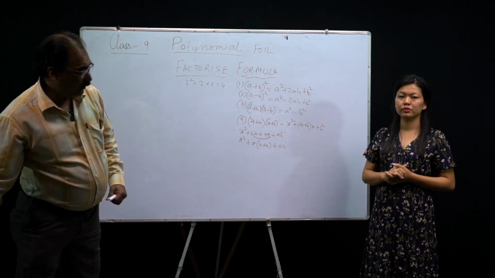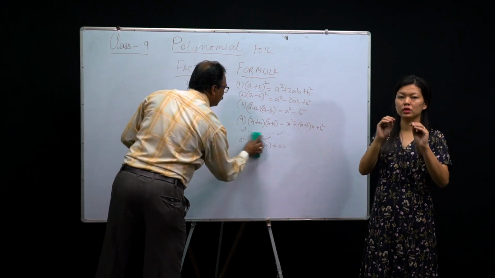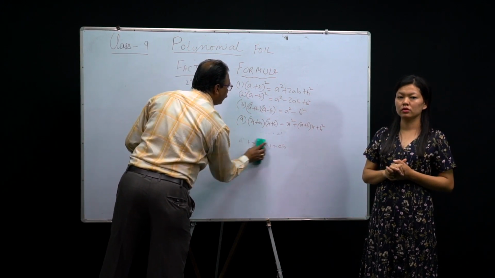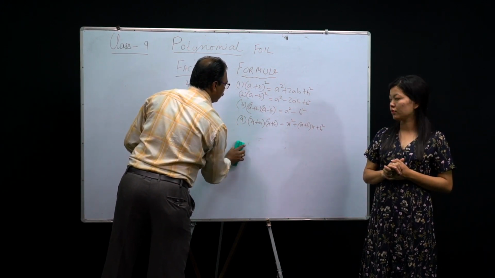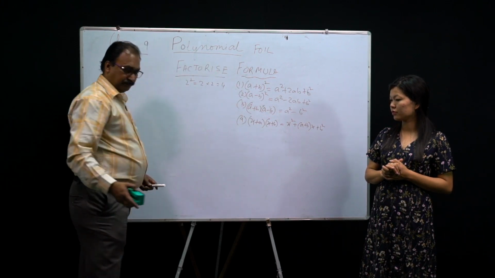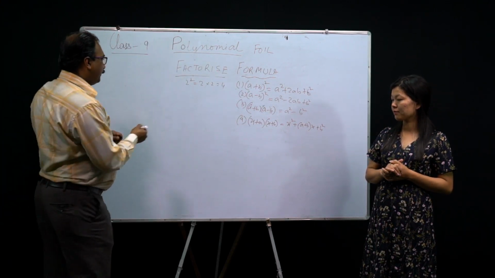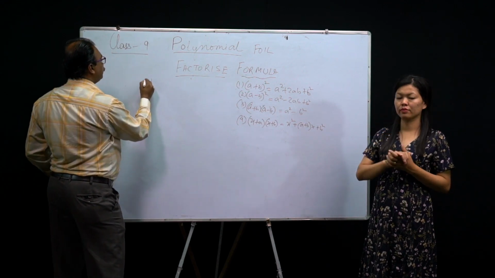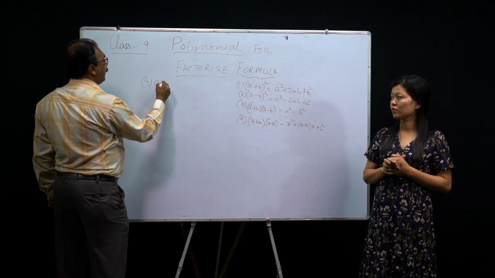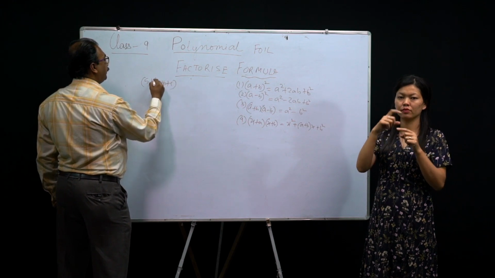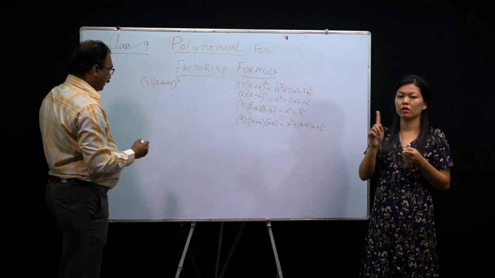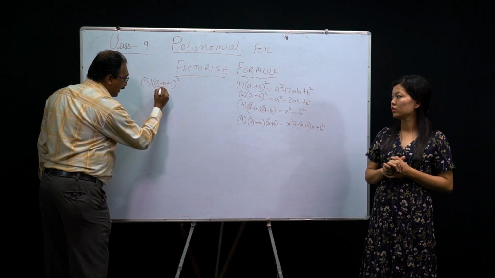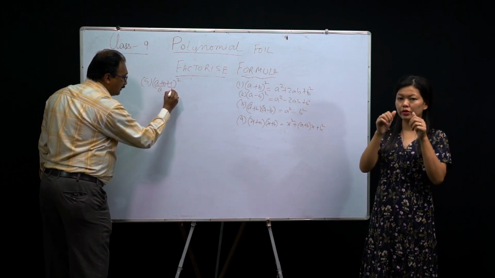So one more formula I'll teach you, on the square part. Now look at here, this formula number 5. If I write (a plus b plus c) whole square, what will happen? This one we consider as a and this we consider as b.